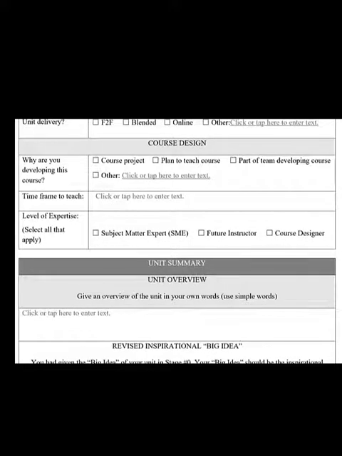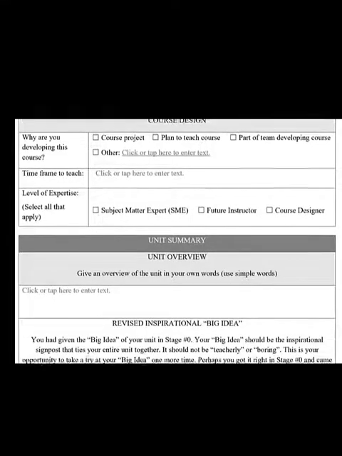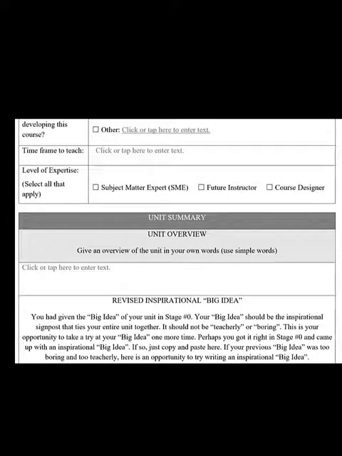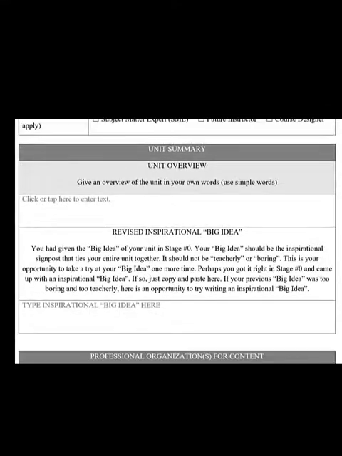Let's do our unit overview. If this unit is to be given during a clerkship, which would be 3rd year versus 1st year, we might have different ideas or a big idea. That big idea is so important to get students excited or interested in what we're planning to do.